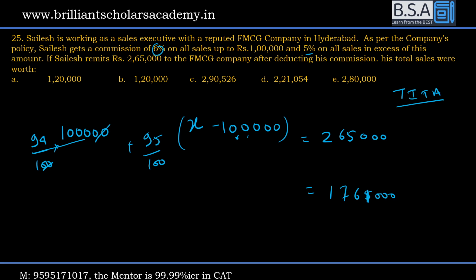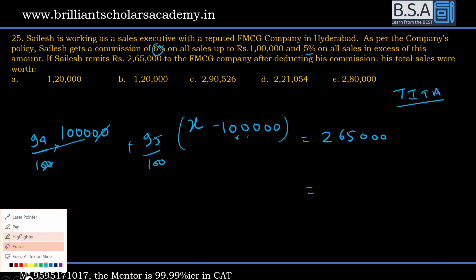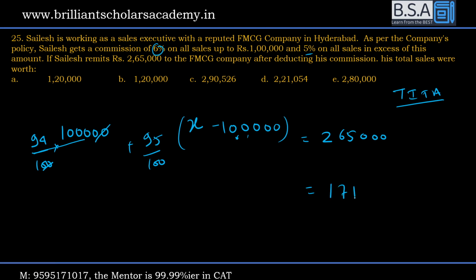You'll have to perform calculations on your own. 94,000 subtracted from this. 90,000 subtracted is 1717. This will be 1710. This will be 171000.